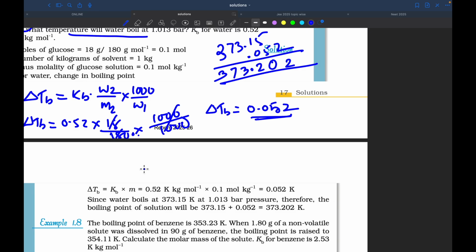What is given, what is asked? Molar mass you have to calculate. M2 you should find.